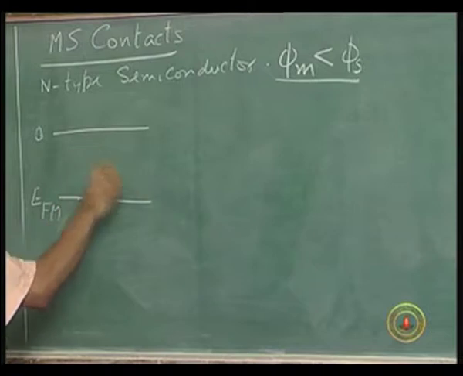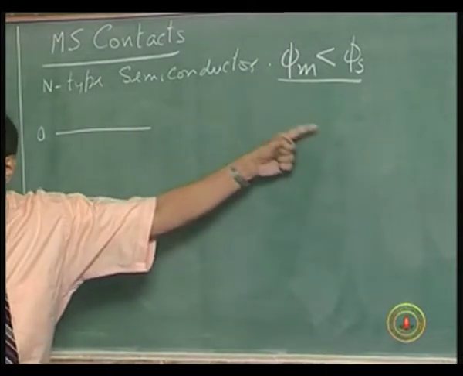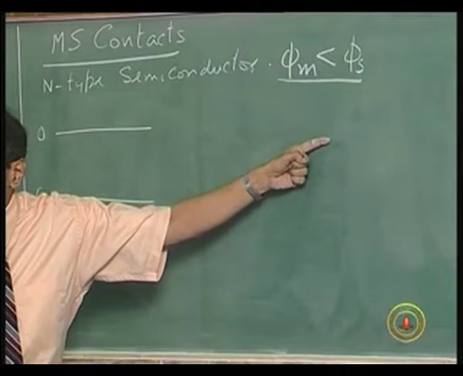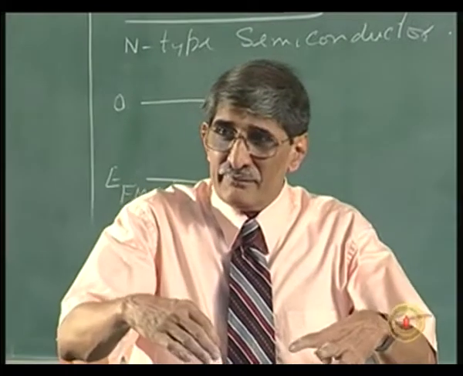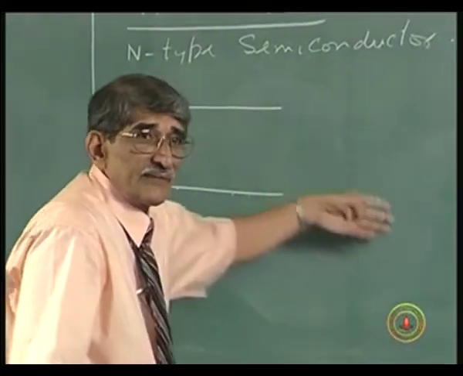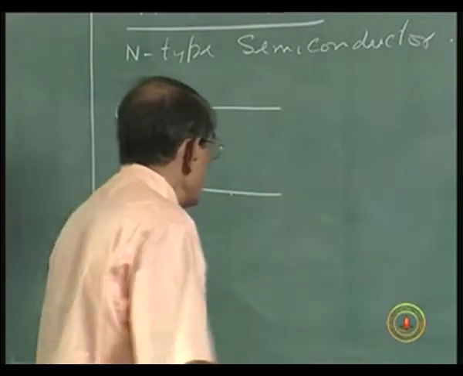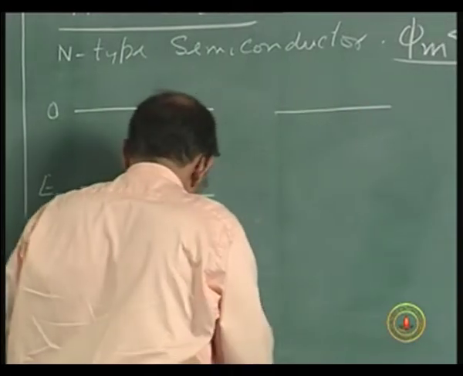Now, it is an n type material, we are talking of phi m less than phi f s. Okay. This is extreme case of phi m becoming less and less, ultimately it is less than phi f s itself. So, where will the Fermi level be in the semiconductor? That is 0 level, no contact.